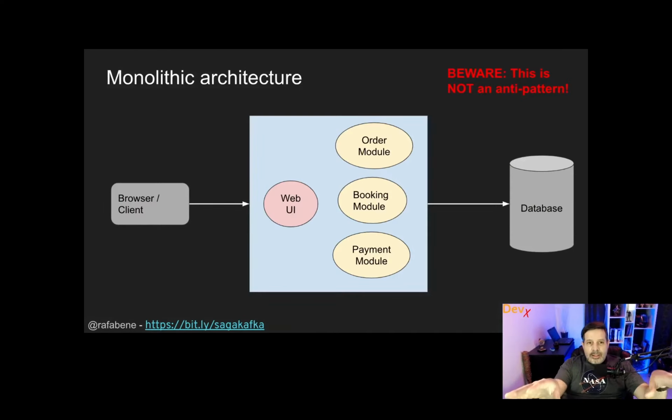The first thing you need to have in your mind is that in a monolithic architecture, usually we have only a single database, and this is not an anti-pattern, okay? Most people think that having a monolithic architecture nowadays is wrong, but it's not.